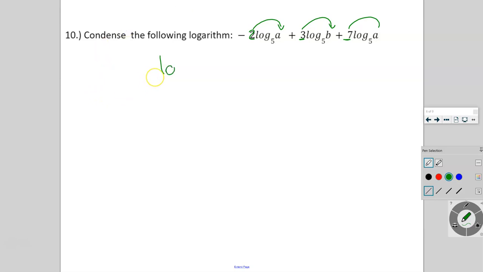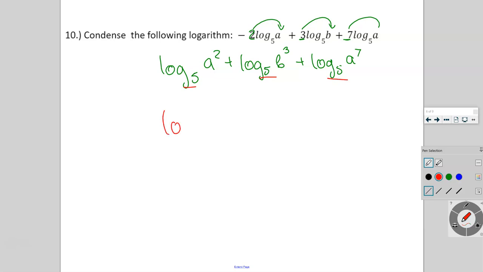So I'm going to rewrite it as log base 5 of a to the second power, plus log base 5 of b to the third power, plus log base 5 of a to the 7th power. Now, since all the logs are the same base, I can make it into one log base 5. All of these, other than the front one, are positive.